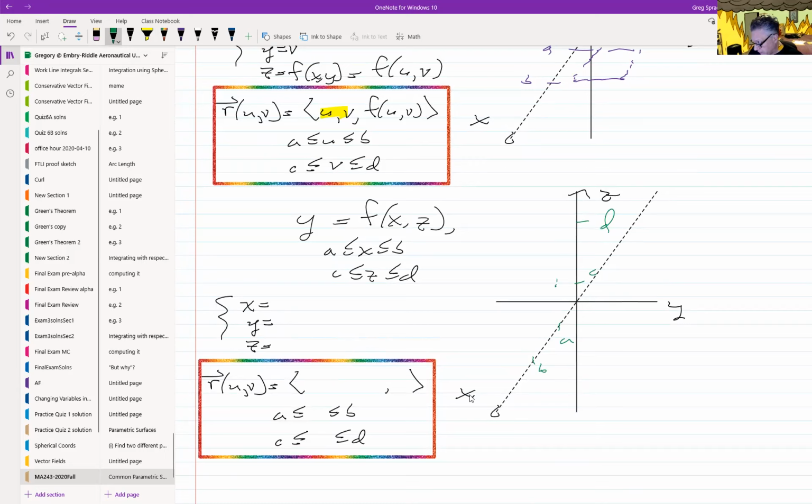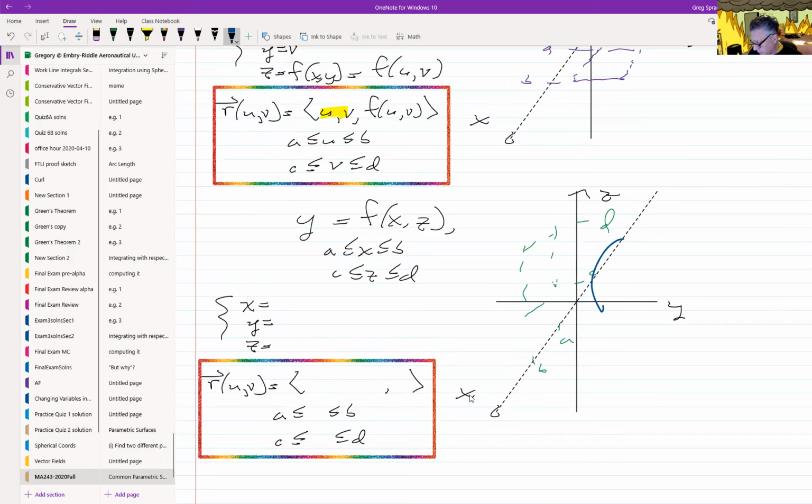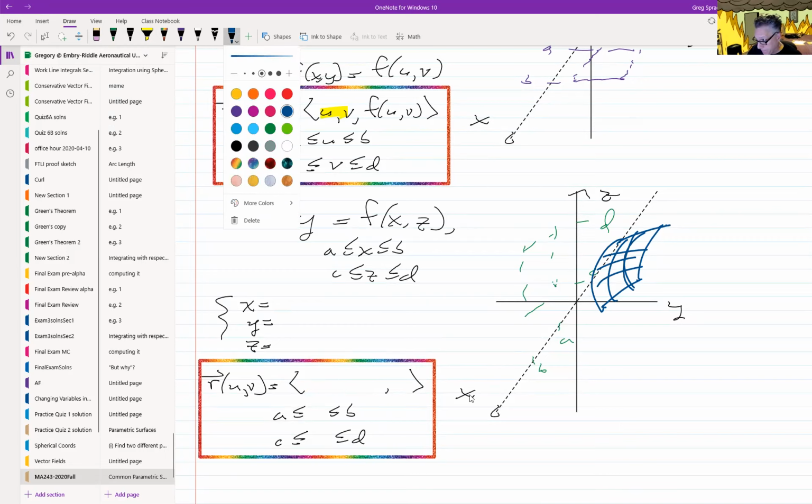So the domain is a rectangle in the xz plane. It's not part of the surface, so I'm not going to sketch it very darkly. I'll draw the surface to the right. So our surface might look something like that.